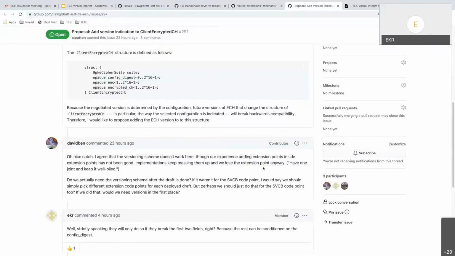Yes. So I think I'm with David in the sense that if we really decided we were sad about that first 2 field structure, then we could just invent some new set of code points. On balance I prefer to remove version, but if it were there, and if we were in last call, I probably wouldn't fight about it.